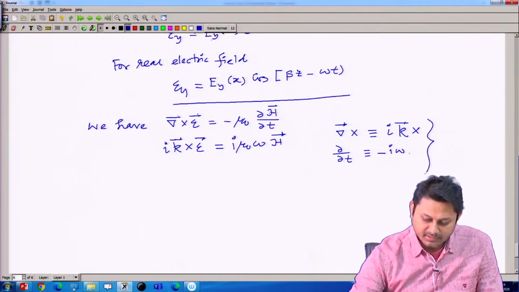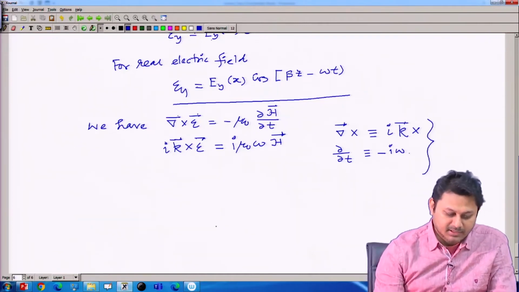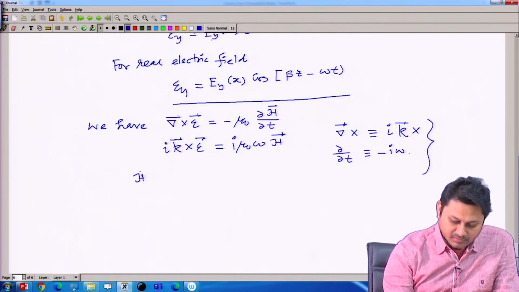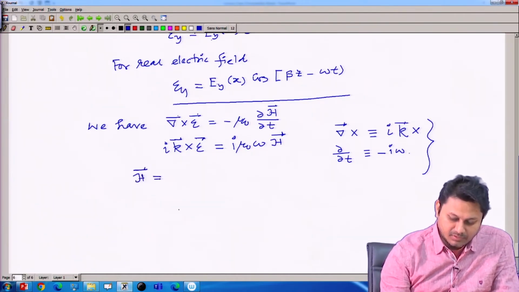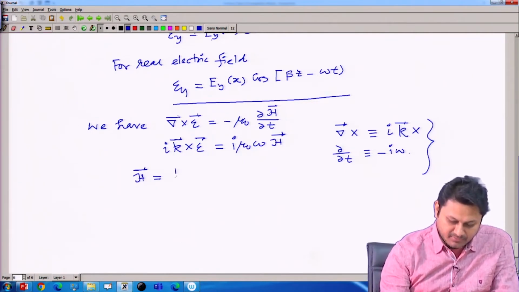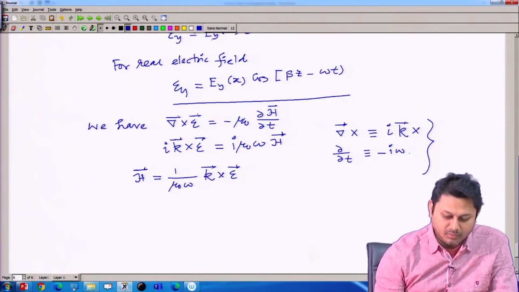These two identities we know, and that is used here. So, my H becomes 1 divided by mu 0 omega, and then k cross this one.